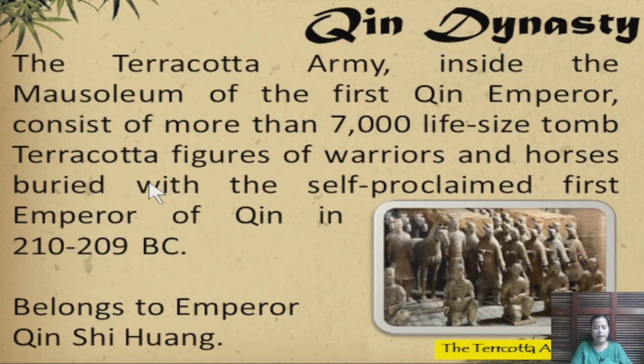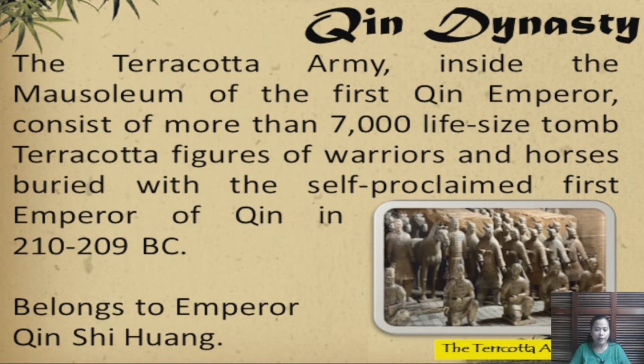Terracotta Army. Inside the mausoleum of the first Qin emperor are more than 7,000 life-size terracotta figures of warriors and horses buried with the self-proclaimed first emperor of Qin in 210 to 209 BC.